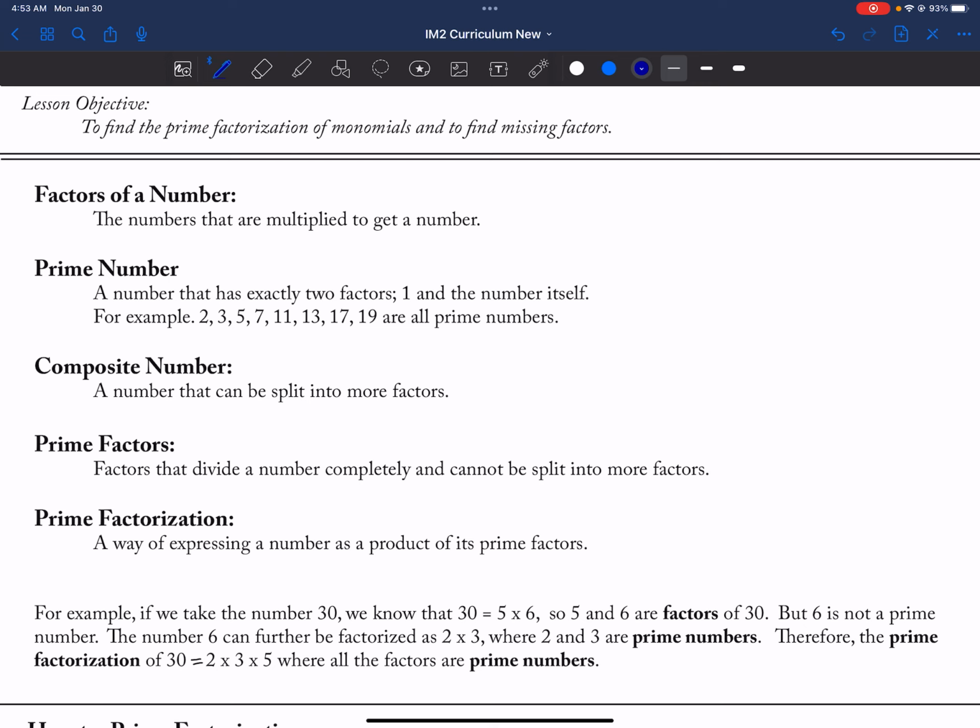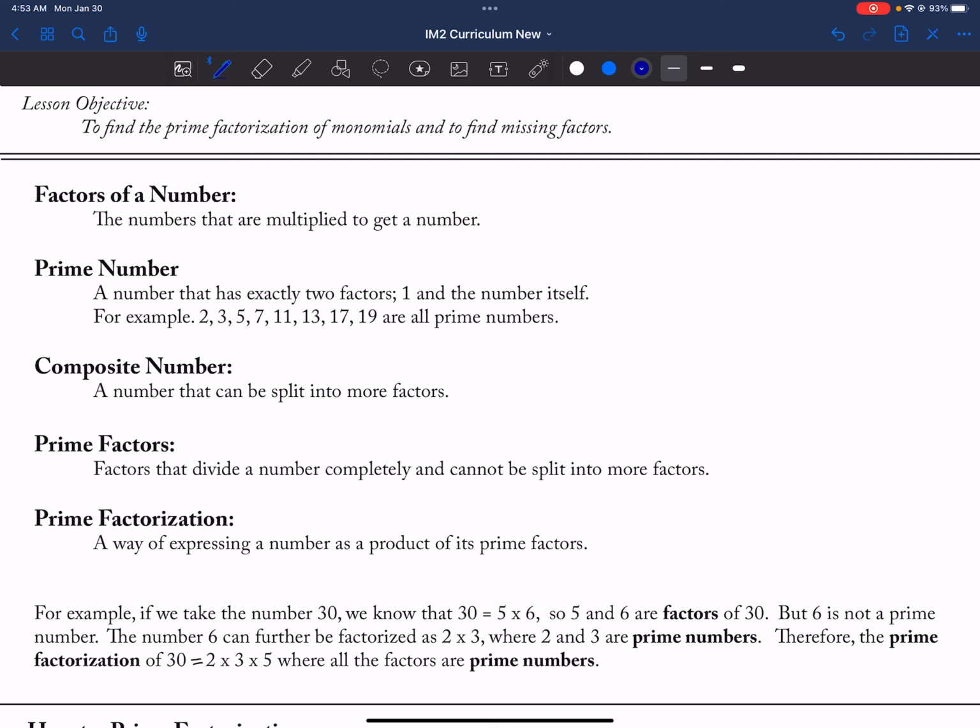Now, when we look at prime numbers, the only two numbers that divide into the number that's given are 1 and itself, okay? A composite number is something that, if I have a number like 8, right? 8 is divisible by 1 and 8, that's 1 and itself.